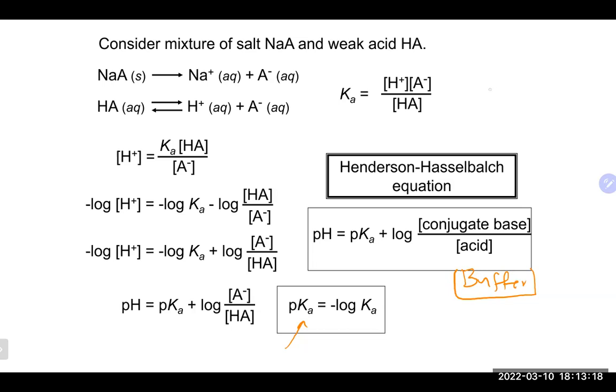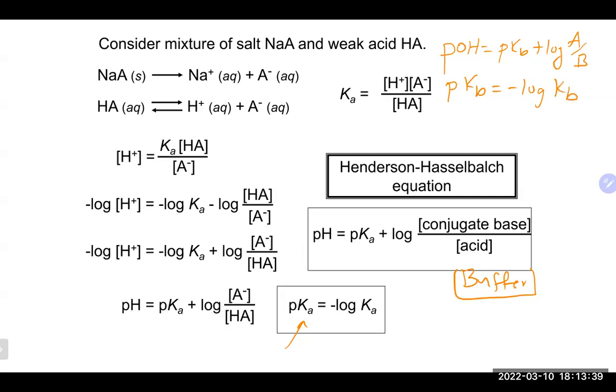There are a couple of other similar equations. There is one that does pOH, which is the pKb value plus the log of the acid over the base, where the pKb is equal to minus the log of the Kb value.